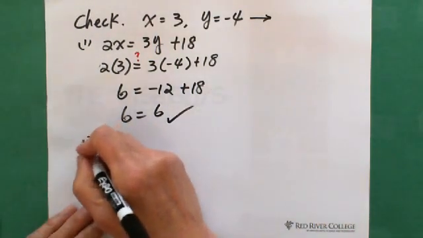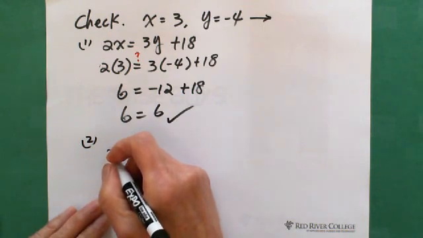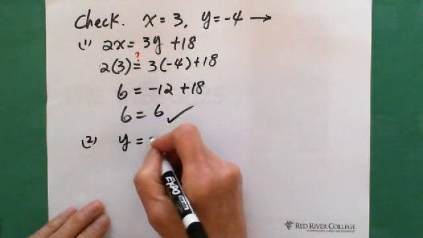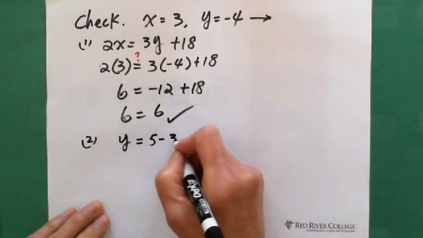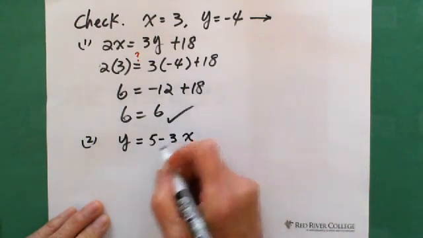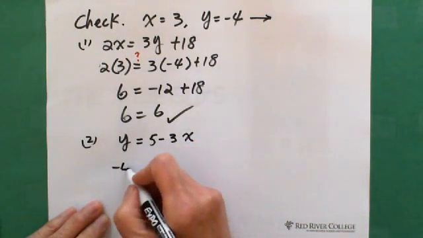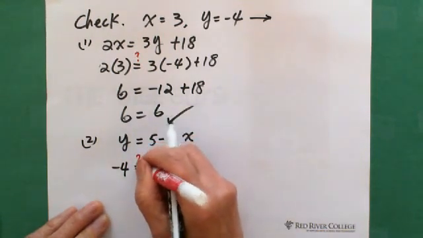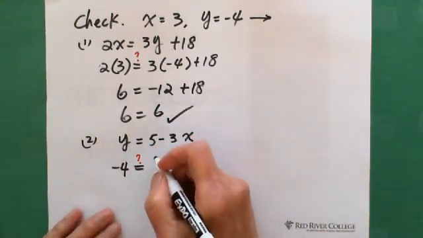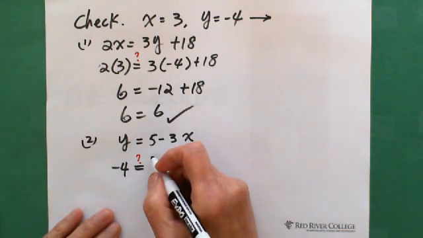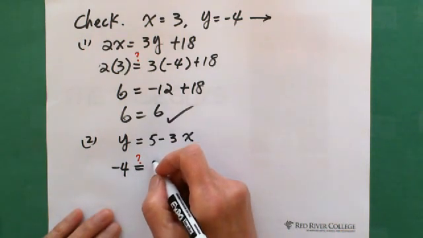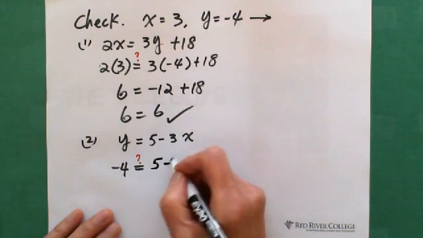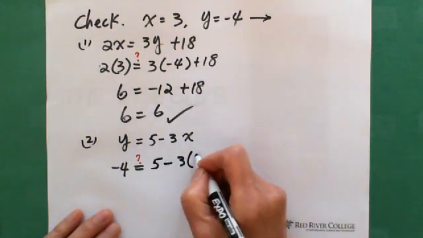For the second equation, y equals 5 minus 3x, we put y equals negative 4 to see if it equals 5 minus 3 times 3.